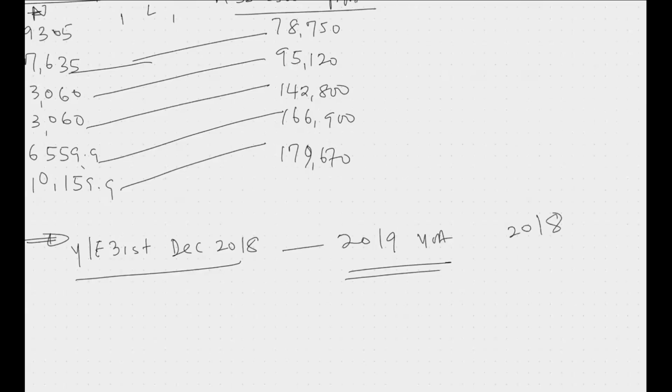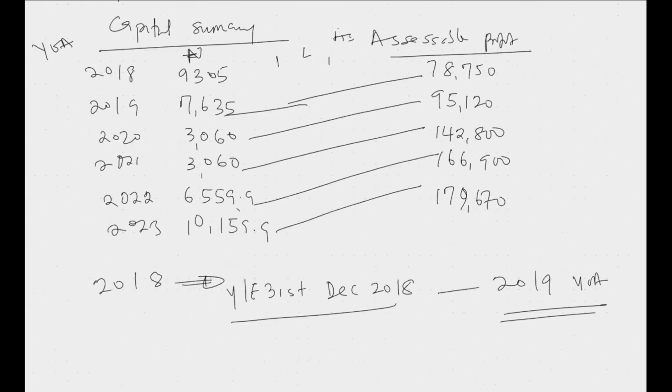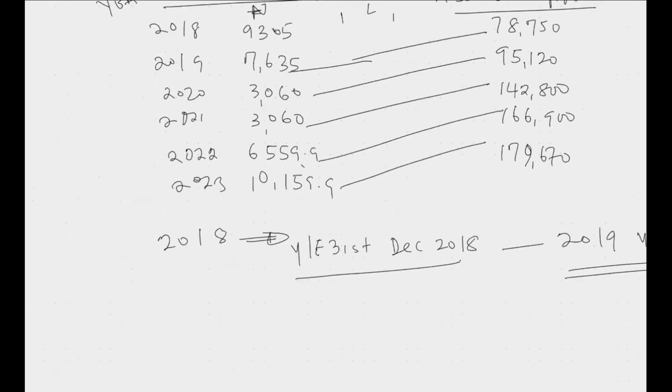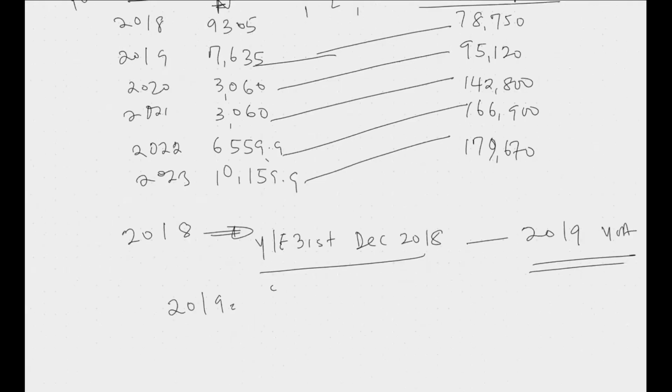They will not have relieved the 2018 capital allowance from anywhere. That is why we are granting it. So my total capital allowance that we grant in 2019 will be 9,000, that is the one in the first year, plus 7,6. This is what I'm going to grant.